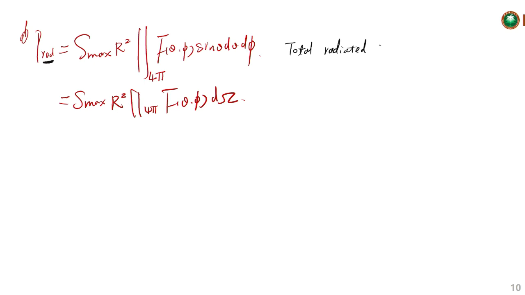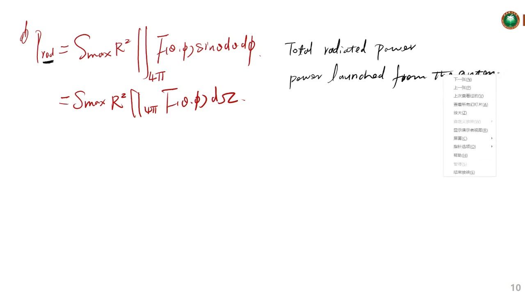Total radiated power, that means the power launched out from the antenna aperture. Okay, power launched out from the antenna aperture.